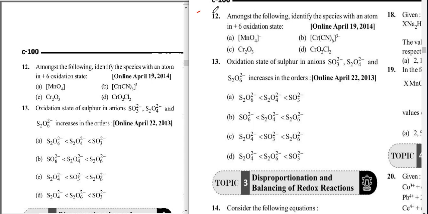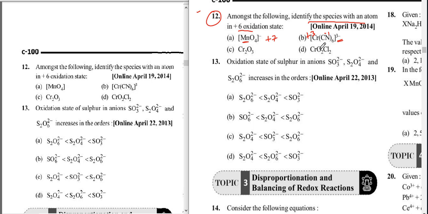Next, question number 12. Among the following, identify the species with an atom in +6 oxidation state. You know that in MnO4 manganese is +7. Okay, chromium here, it is -1, total -6, but bracket above -3 is there, that means chromium is +3.